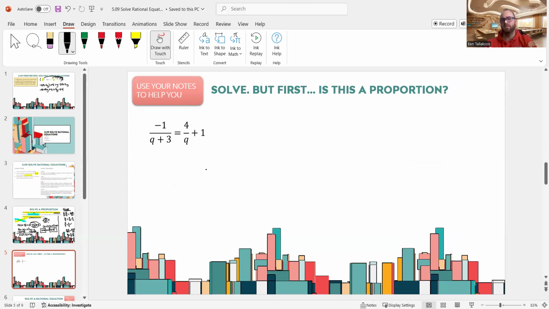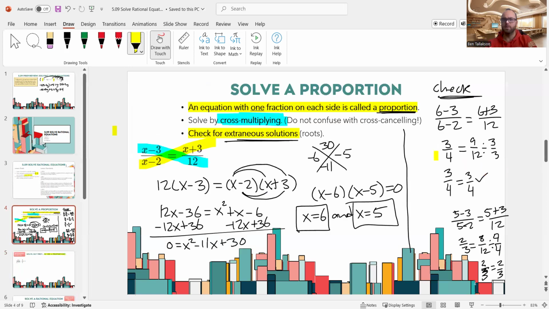Now, take a look at this and maybe use your notes from previous lessons to help you. We want to solve this, but first, is this a proportion? That's the key question here. We just talked about this. You just wrote this down. Let's go back to it as a refresher.